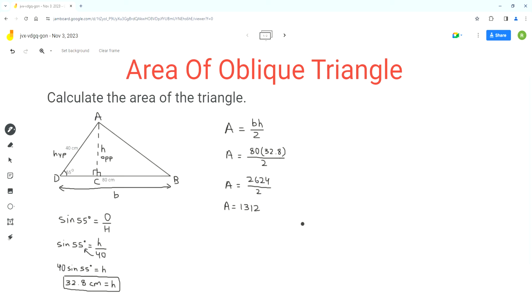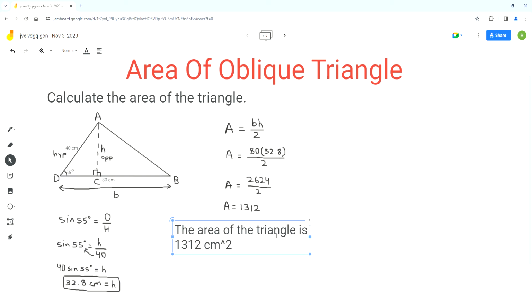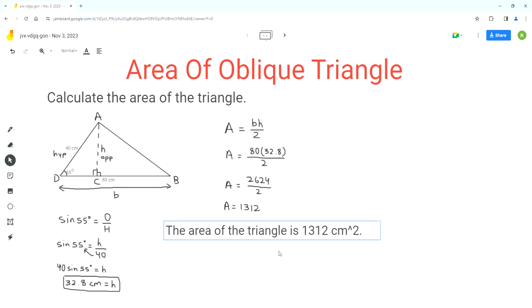So that should be the final answer for the area of this triangle. Is 1312 centimeter squared, because for area we use square on the unit of length. So this can be our final answer.